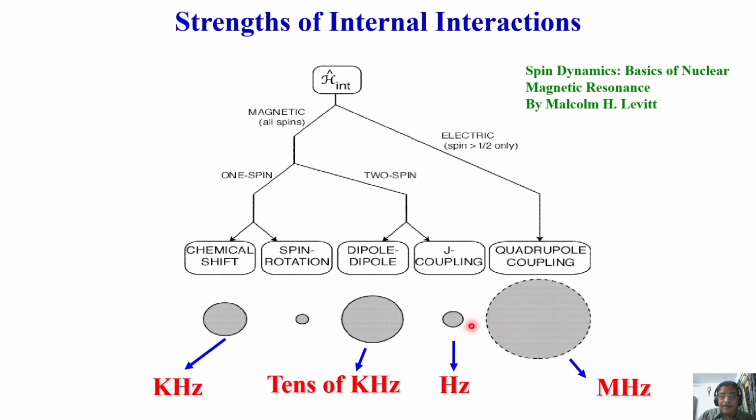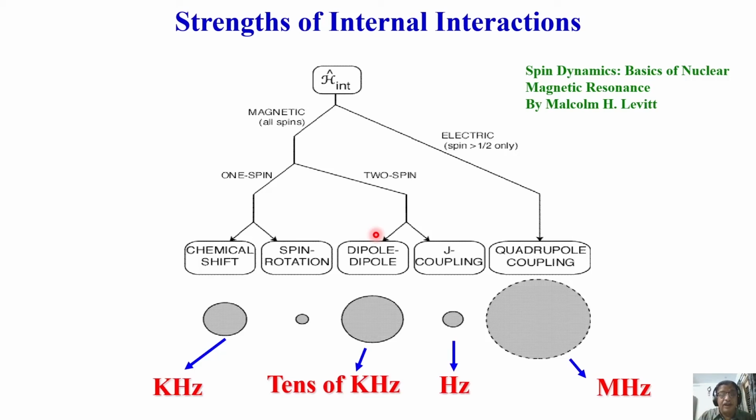And the J coupling, as I said, through covalent bond, is of the order of a few hertz. It can be 5, 10 hertz between protons, a few tens of hertz, a few hundreds between two different heteronuclei. This is of the order of a few hertz to 100 hertz. Dipole-dipole interaction, that is the through-space interaction, is of the order of several tens of kilohertz. That's very important.